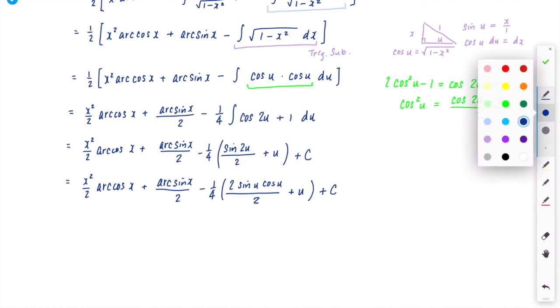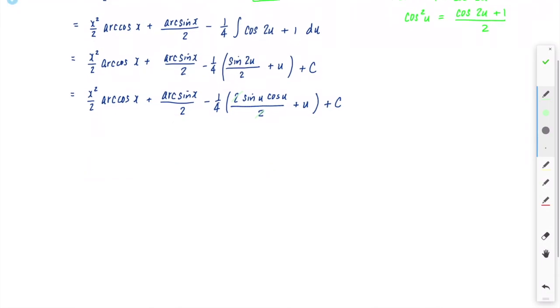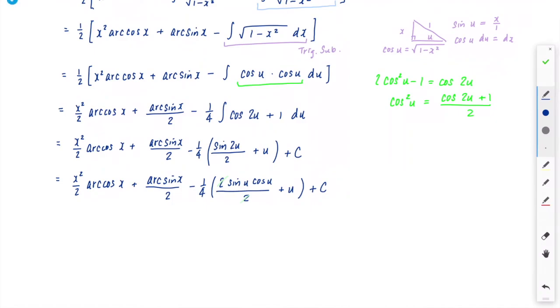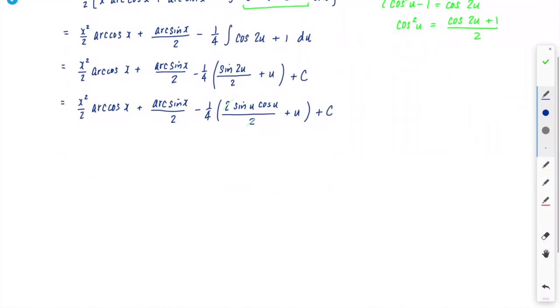This way, I can reduce the 2's. And then we need to go back to the substitution. So I have sine u; sine u was x. And then cosine u is the square root of 1 minus x squared. And then u will be arcsine of x.